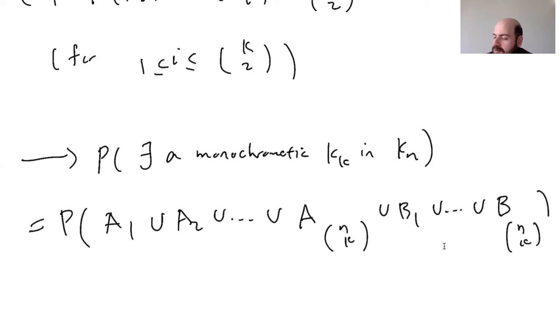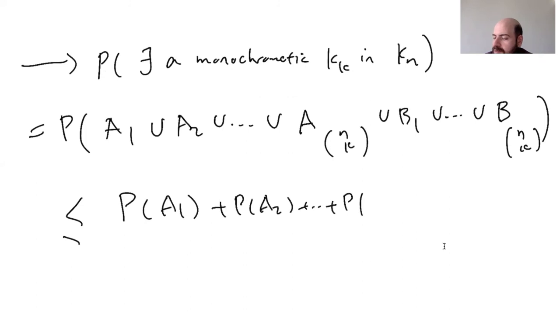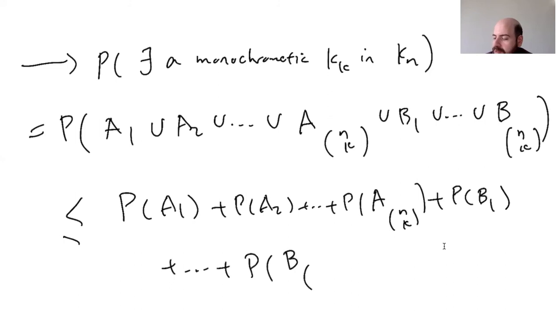Now, this probability is less than or equal to P of A1 plus P of A2, all the way to P of A sub n choose k plus P of B1 plus all the way to P of B sub n choose k.